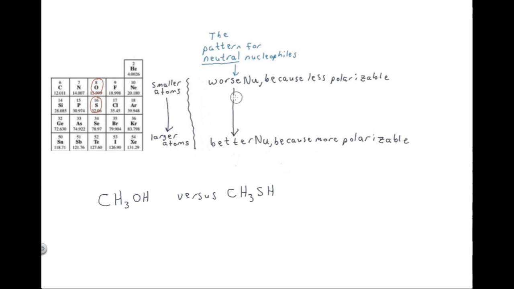And usually it will be enough on exams simply to say that that's because the elements further down in the periodic table are more polarizable. So we can say that this compound is a better nucleophile than this compound because the sulfur is more polarizable than the oxygen. So now would be a good point to pause the video and memorize this pattern for comparing neutral nucleophiles in the same column of the periodic table.